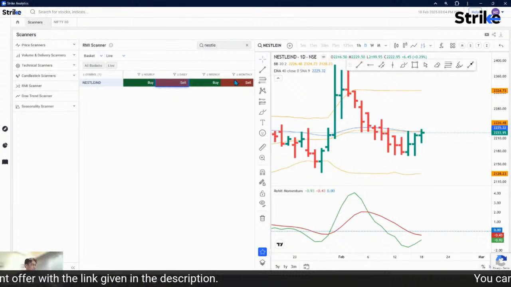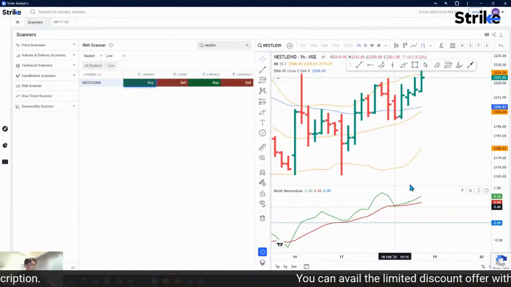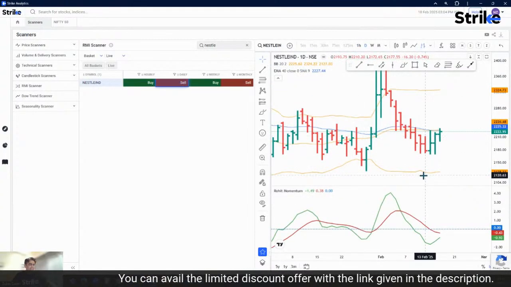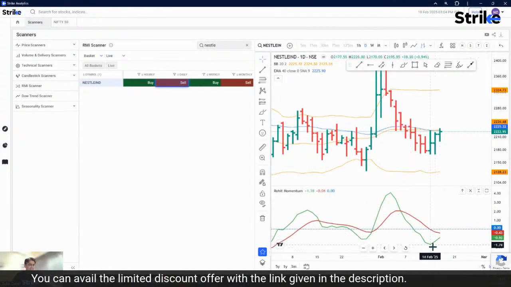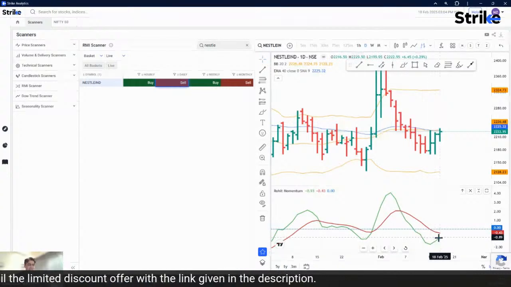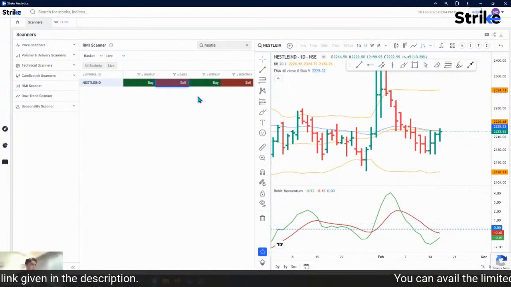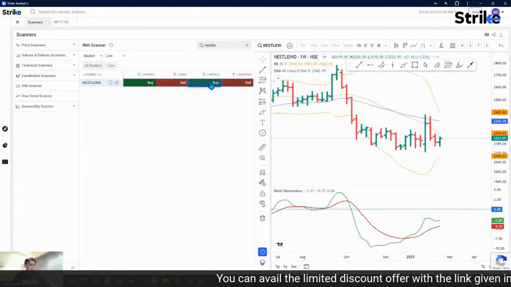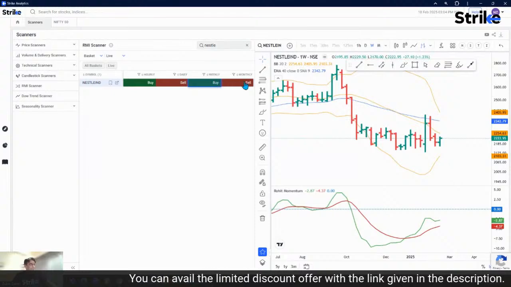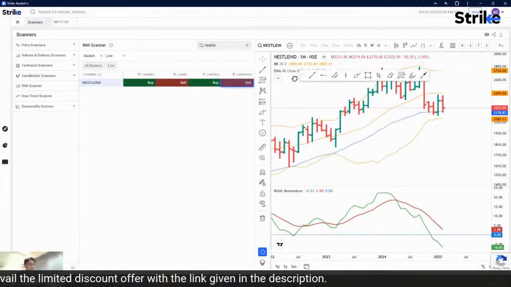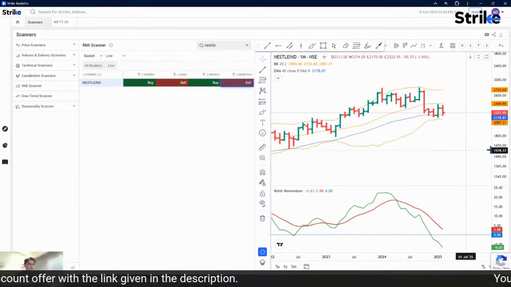So see, on the hourly, RMI is in a buy mode. On the daily it is in a sell mode. Until and unless the RMI green line comes above the red line, this will remain in a sell mode. On the weekly it is in a buy mode, and on the monthly it is in a sell mode.